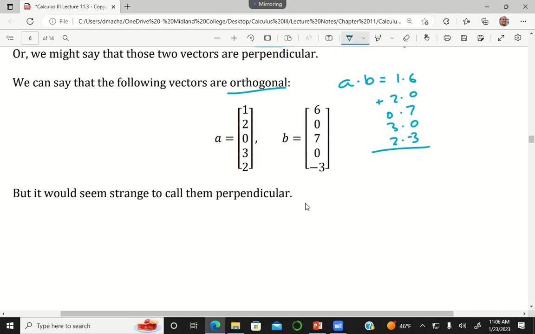So that's 6 plus negative 6, which is 0. The dot product between a and b is 0, so that means they're orthogonal. But again, since they're not two-dimensional vectors, it would sort of feel strange to call them perpendicular, you know? And so we're going to use the word orthogonal to be a general kind of perpendicular that applies to vectors of any dimension. Okay.